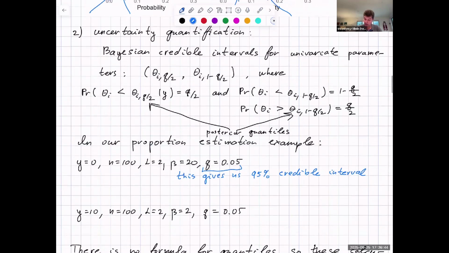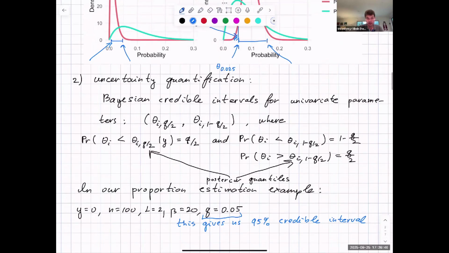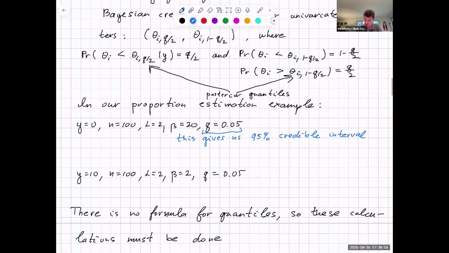Because notice what's happening. These will be the quantiles, 0.0002 in this case, and 0.045. So this will form this interval, and my credible interval will be this vector with two components, right? Two endpoints.